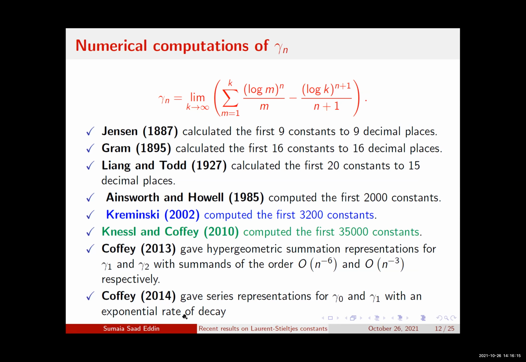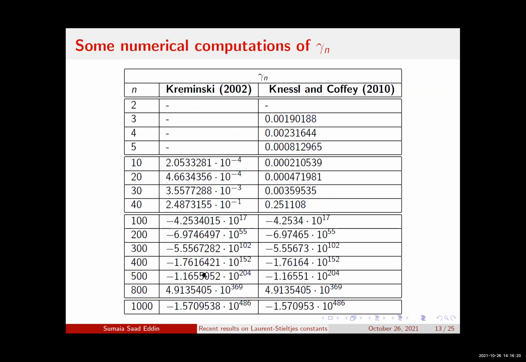Here maybe we can see some numerical computation of gamma n given by Kremenski and by Knessel and Coffey in 2010. So you can just compare both of them, almost similar. Here maybe with more digits.